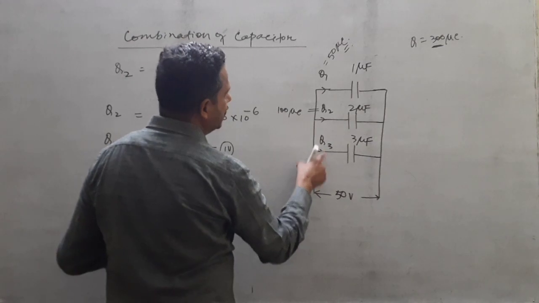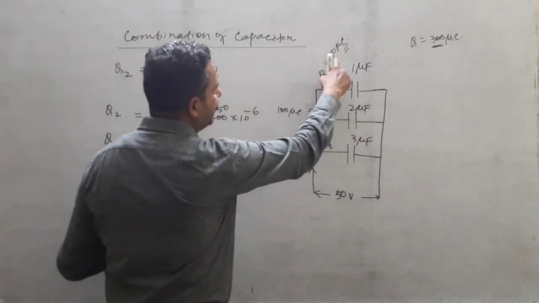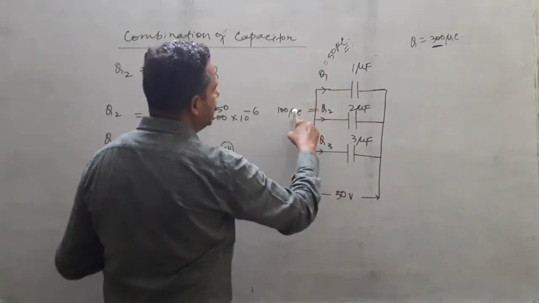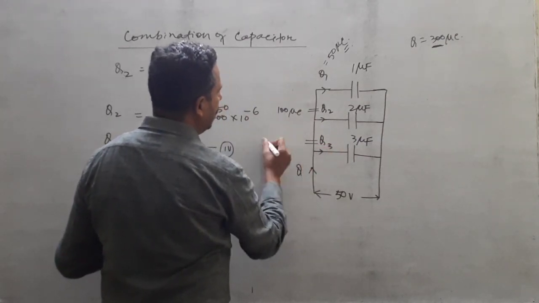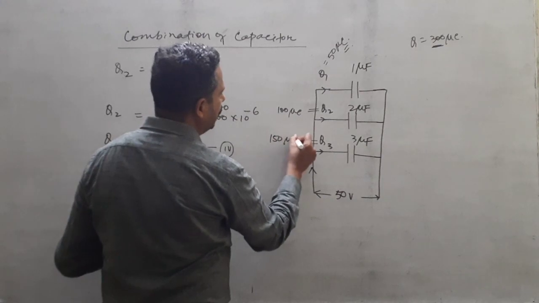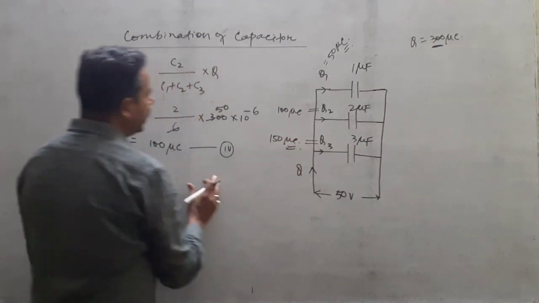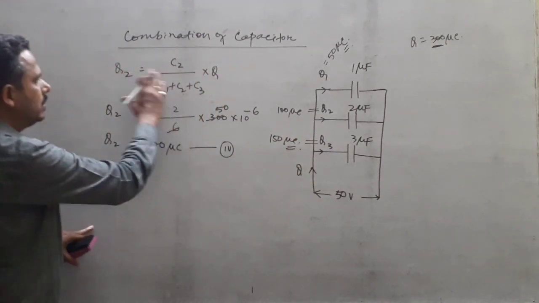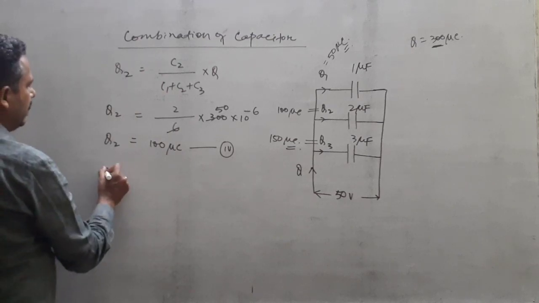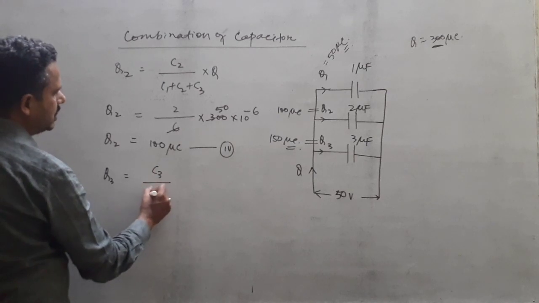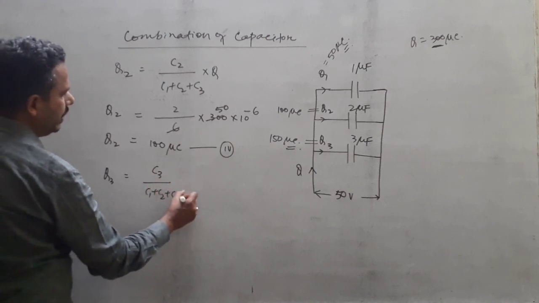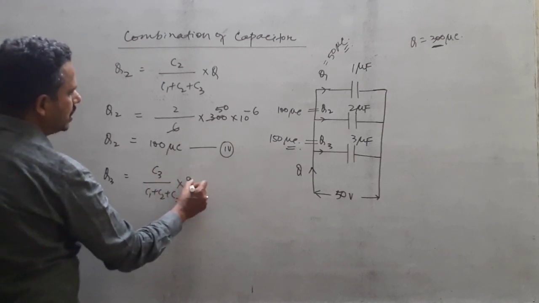Then how much is this? This one is 100 and this one is 50, so the sum is 150. So Q3 will automatically be 150 microcoulomb. You can also calculate this using the equation that Q3 is simply C3 divided by C1 plus C2 plus C3, multiplied by the net charge.